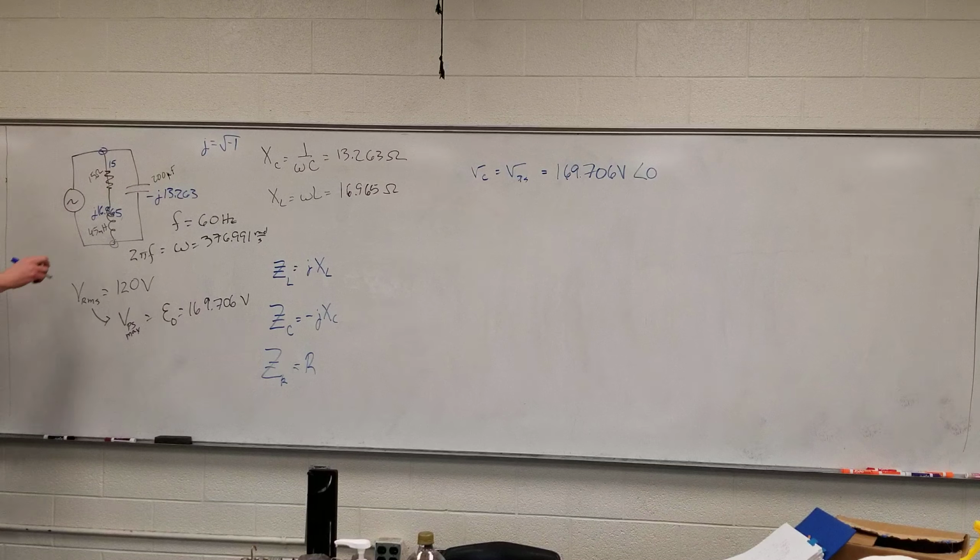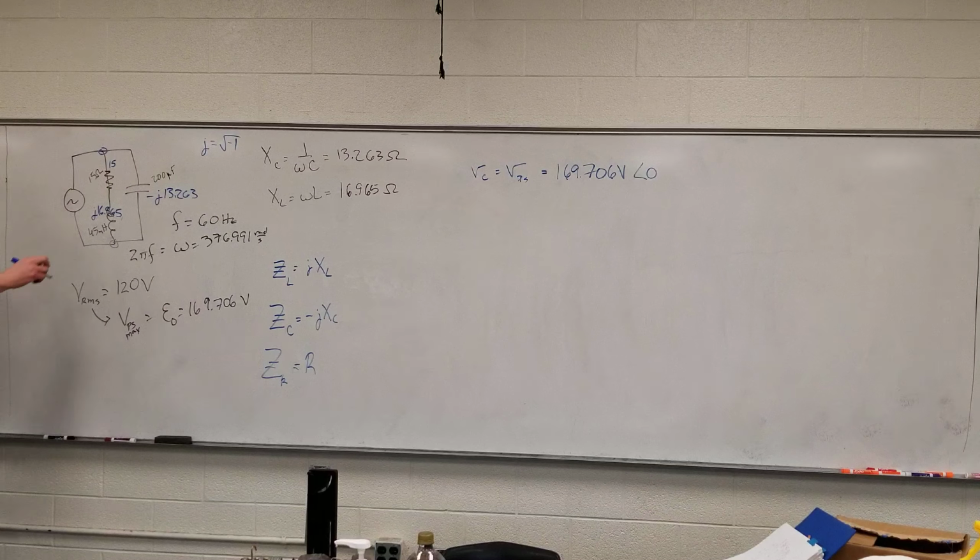So that is 169.706 at an angle of 0 divided by, there it is. Now in terms of the angle, that's sort of rectangular form over here. To get it in polar form, we just imagine our complex number plane, where I've got a real axis and an imaginary axis.